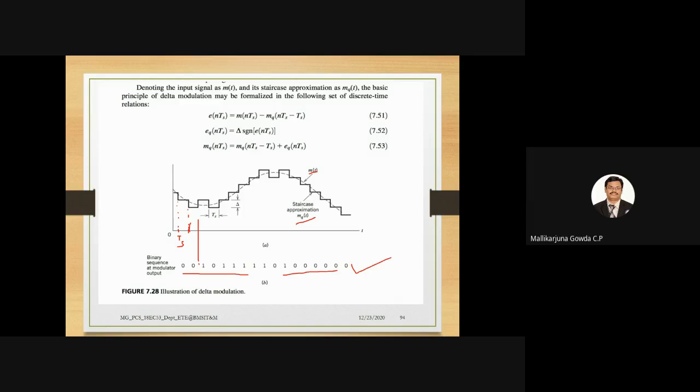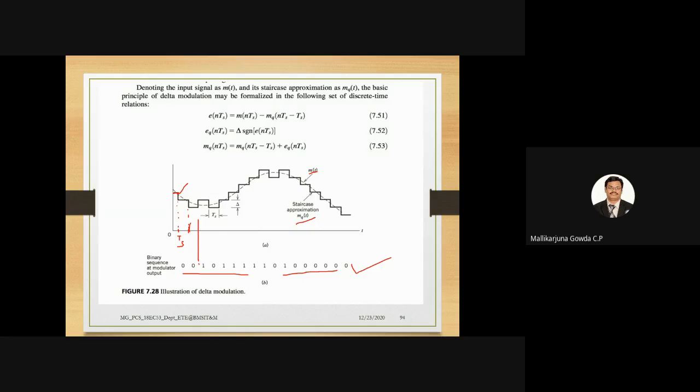To begin with, I will be sampling at, say, 0 to Ts. At this point of time, that is Ts, my approximated signal will be greater than the original analog input signal.